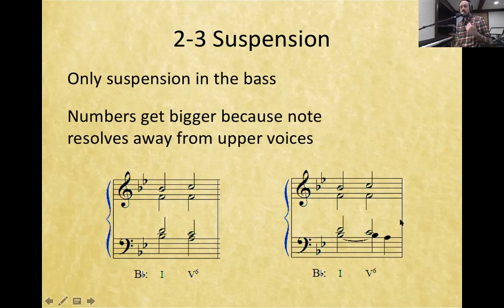In other suspensions, like the 4-3 or the 7-6, the numbers get smaller because we're measuring those distances against the bass. And since these other suspensions happen in an upper voice, when the upper voice moves downwards, it by nature gets closer to the bass. Here the basses are the ones moving downwards, which means they are getting farther away from everybody else.